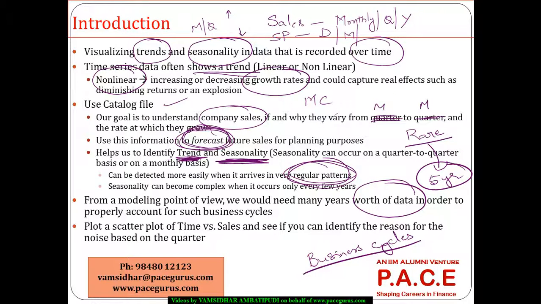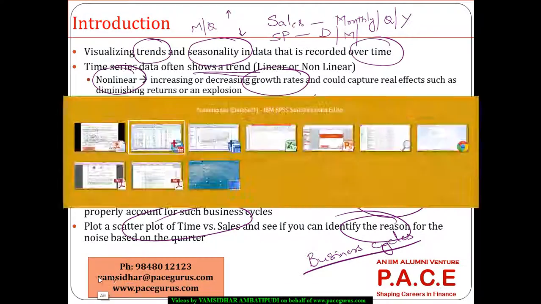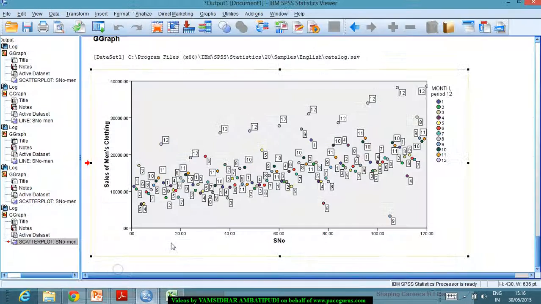So always it's better to go with a scatter plot of time versus the sales to see what kind of noise is coming up, as we have seen here, and whether the noise is more or less random.